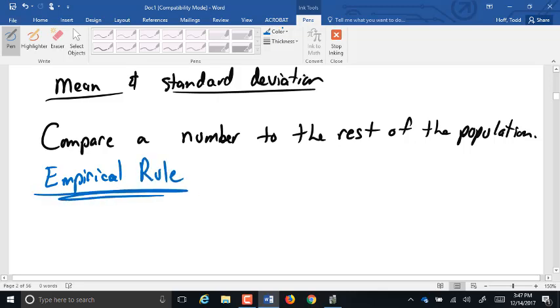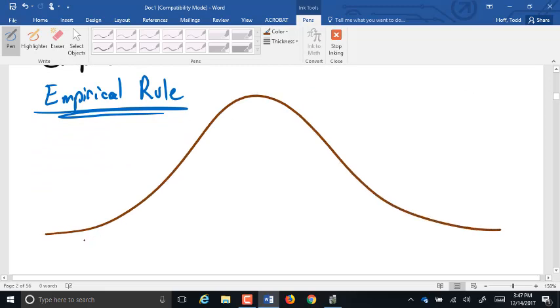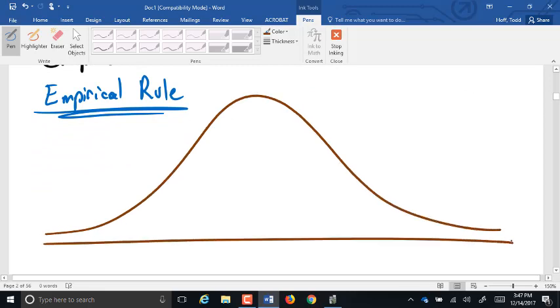And the empirical rule involves the bell curve. Remember, the center of our bell curve is always the mean, median, or mode. They should all be the same. We're going to use the mean.